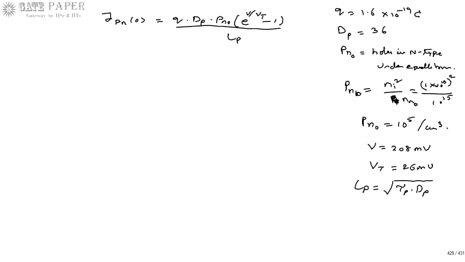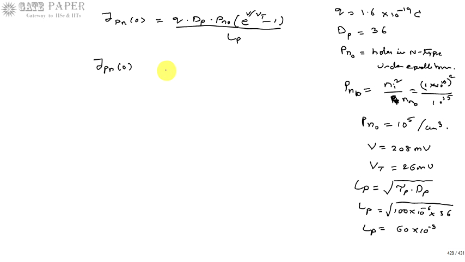LP is equal to square root of tau P into DP. Tau P is given as 100 microseconds, that is 10 power minus 6, into DP is given as 36. So 36 into 100, 3600, square root of 3600 is 60, into 10 power minus 3 you will get. So LP is equal to 60 into 10 power minus 3 centimeters. Now all these values you are going to substitute to get the current density.